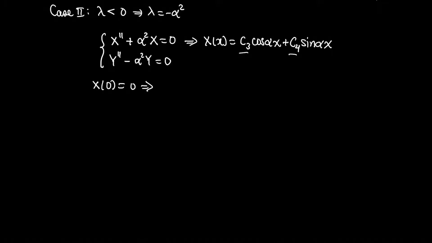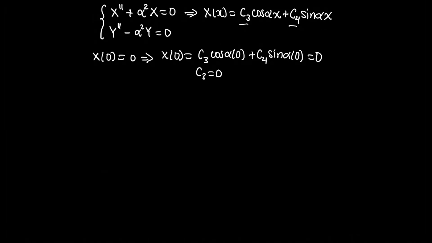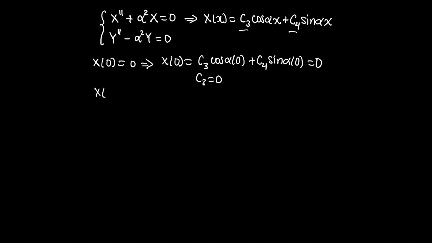Then I get x(0) equals c3 cos alpha 0 plus c4 sine alpha 0 has to be equal to 0, so c3 is just 0. Then x(1) has to be equal to 0, and since c3 is 0, I have c4 sine of alpha times 1 equal to 0.